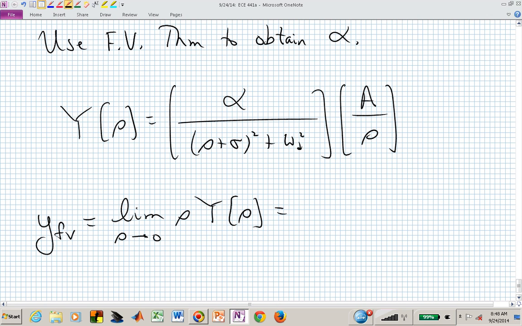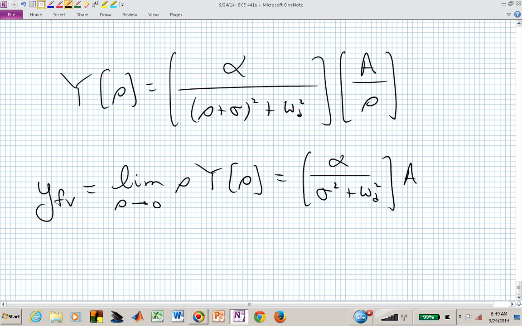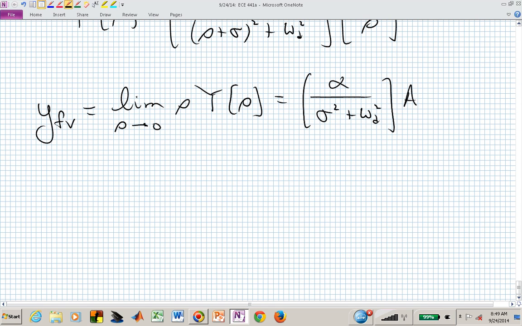We plug in s equal to 0 everywhere else, and we end up with, in the first square bracket, alpha over sigma squared plus omega sub d squared, all times A. But what is sigma squared plus omega sub d squared? That's just the natural frequency squared.